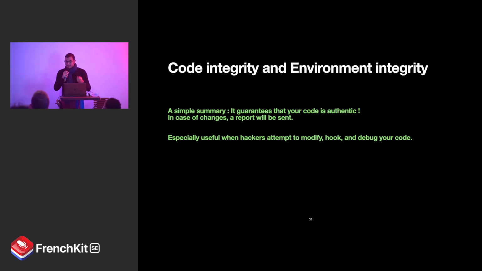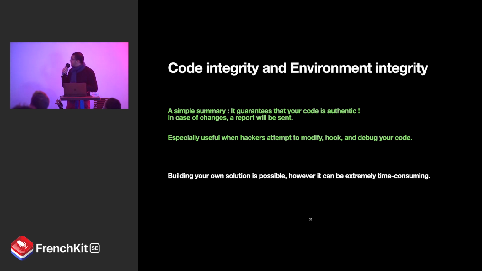It's really useful when an attacker attempts to modify, hook, or debug your code. Building your own solution is possible. However, it's extremely time-consuming. That's why we use a third-party compiler to do the job.